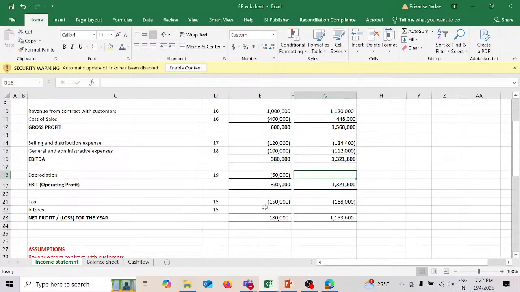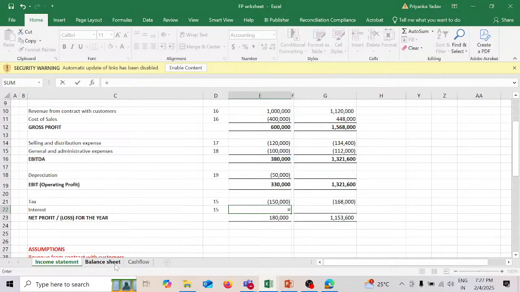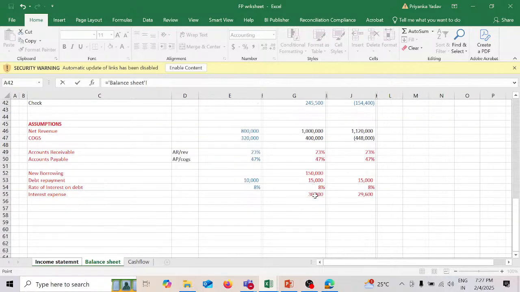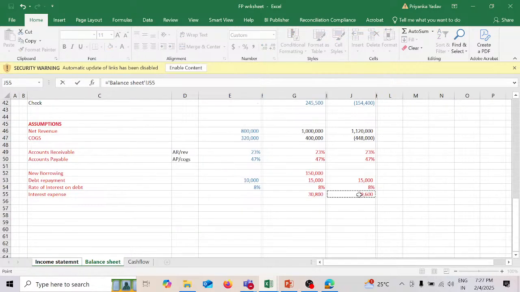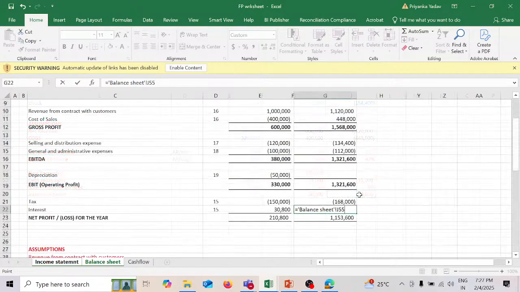Here we have already calculated the interest amount. We'll just link the sheet from the balance sheet. This is the figure of your interest, and for 2026 this is your figure. So this is your interest expense.